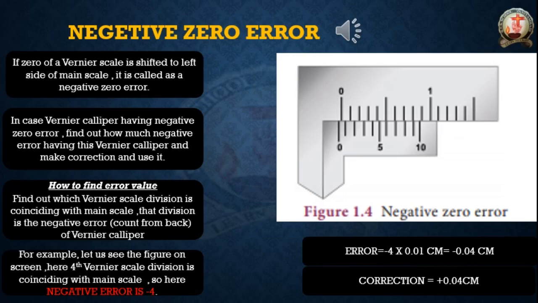Here negative zero error means the zero reading on the vernier scale is shifted to the left side of the zero reading on the main scale. Okay, so this is the negative zero error. Now see the second box.